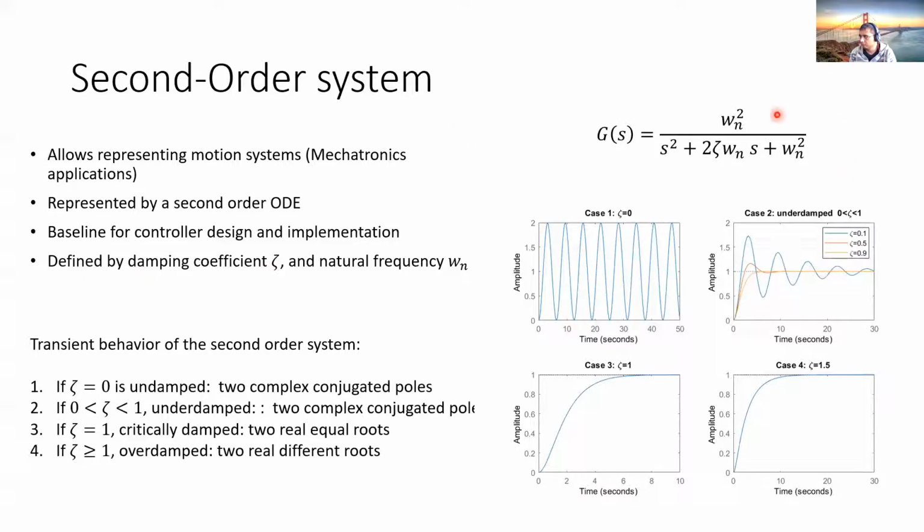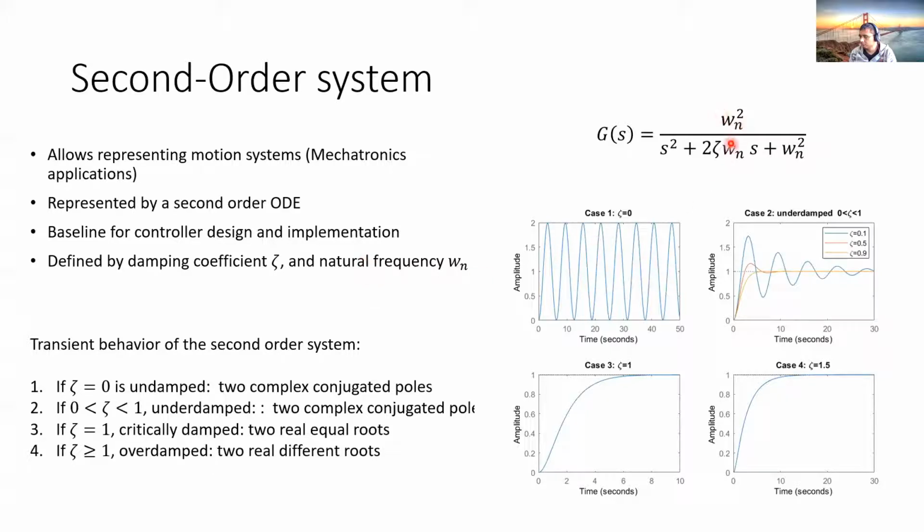So this will be our standard form for the system. If we go to the ODE, this is a second order ODE. It is another baseline for controller design and implementation, because we can implement more control desired specifications once we are designing under this second order model.